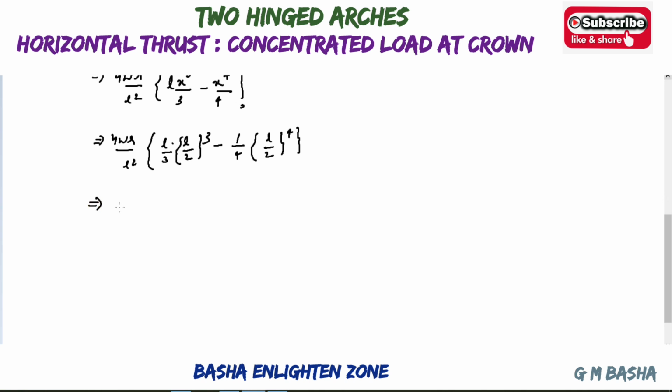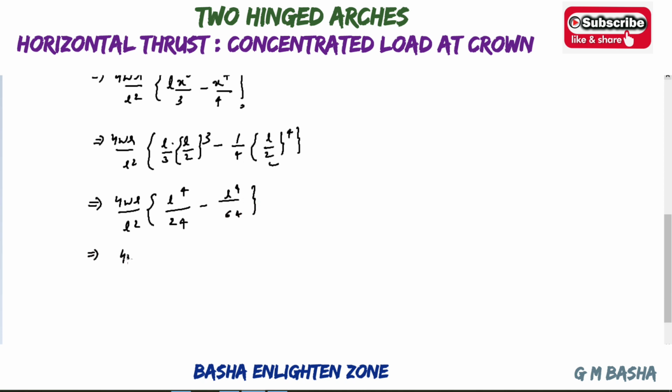So simplification will be same. So already we know the mathematics. That is L power 4 by 2 3 times, 2 to the 4, 4 to the 8, 8 to the 24, minus L power 4 by, so here 2 to the 4, 4 4 the 16, 16 4 the 64.